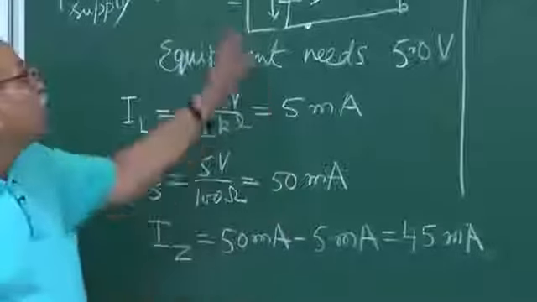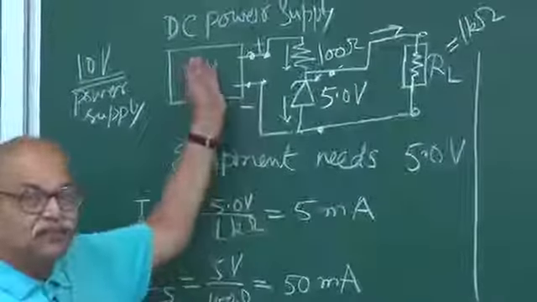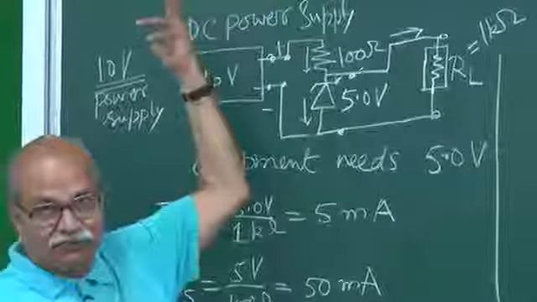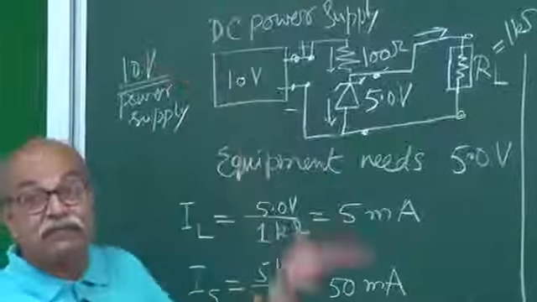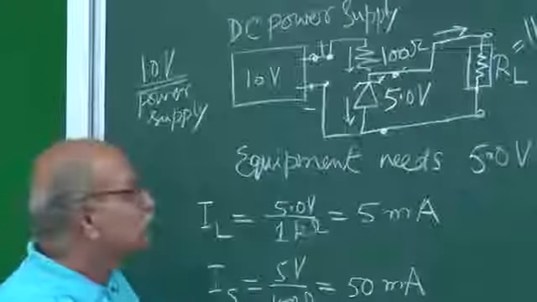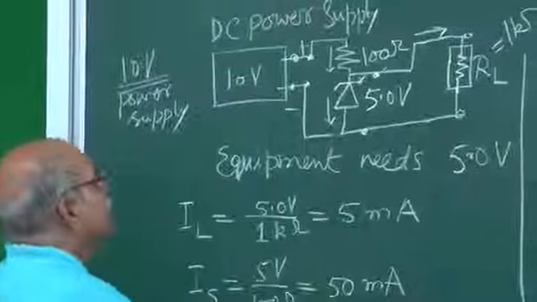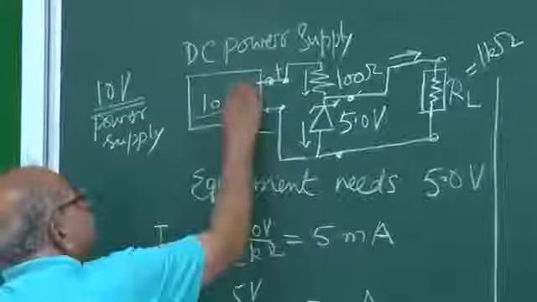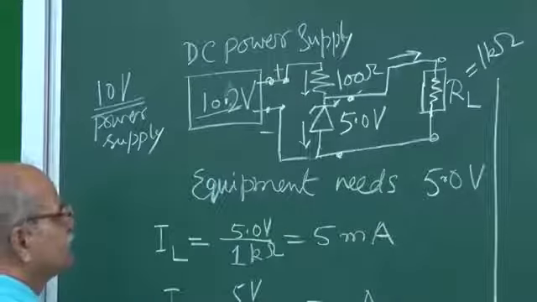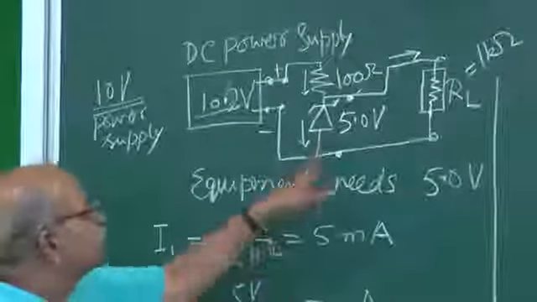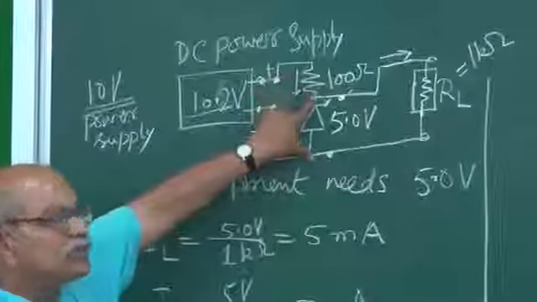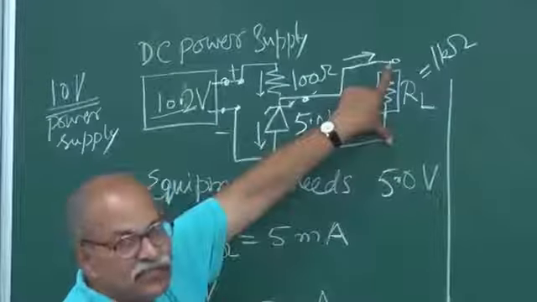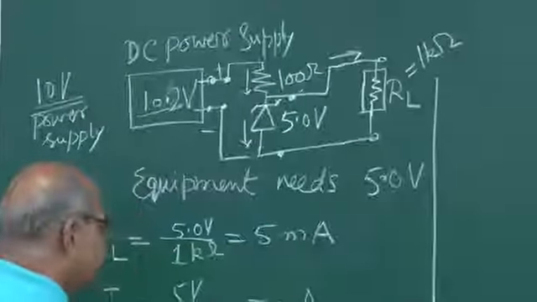Now suppose there is a fluctuation in this voltage and this 10 becomes, let's say, 10.2. What will happen? So analyze it once again, taking that this 10 has become 10.2. Now this is 5.0 volt, no change, and therefore the current here is 5 milliampere.